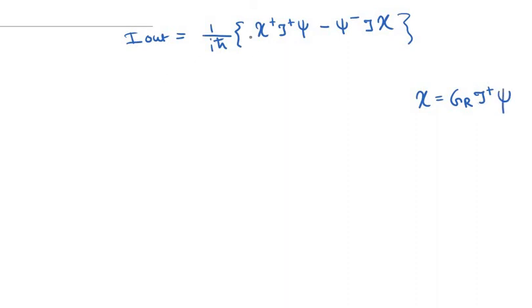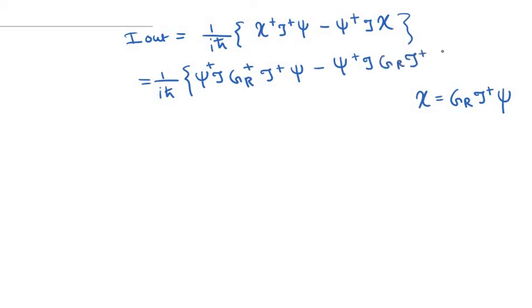So this was the original expression, and here it is x dagger over here. So we have 1 by i h bar, and then psi dagger tau g r dagger tau dagger psi, minus, with a dagger over here, psi dagger tau g r tau dagger psi.